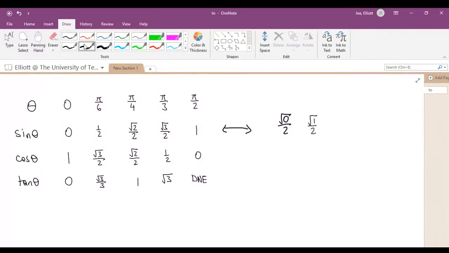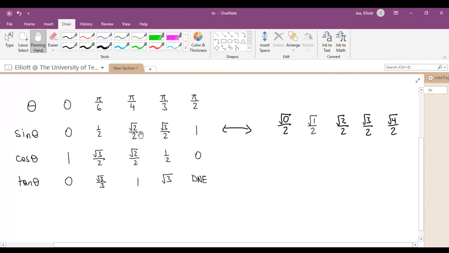Then you've got square root of 2 over 2, and then square root of 3 over 2, and then square root of 4 over 2. Well, square root of 4 is 2, so this is 2 over 2, and so it's equal to 1, okay?